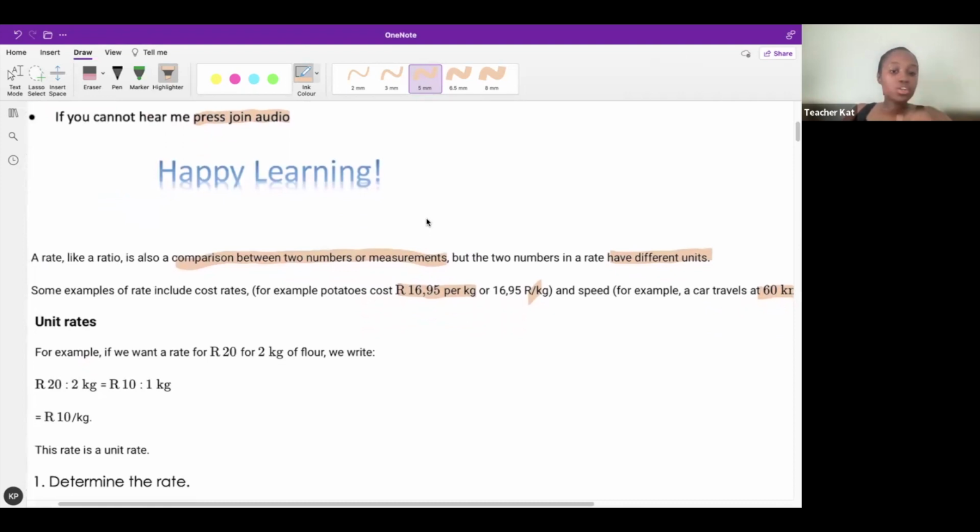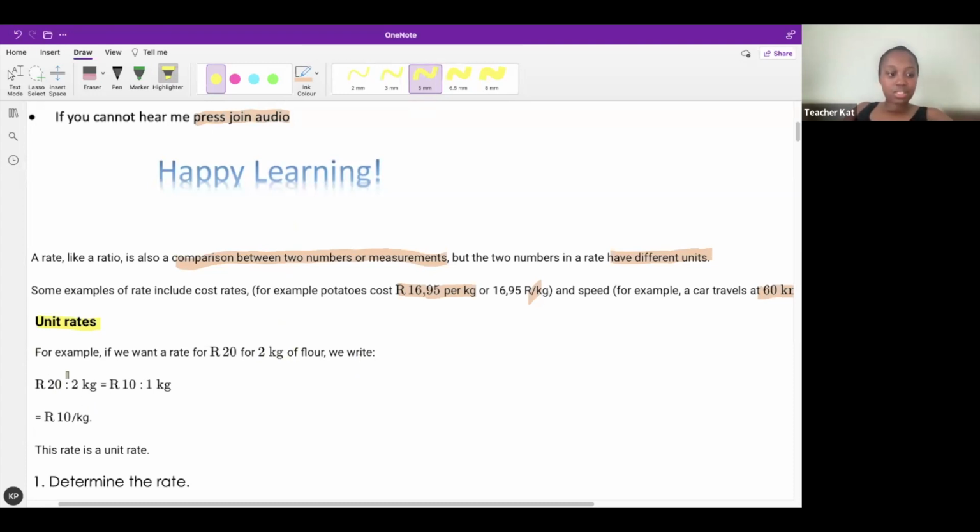Now, usually we want unit rates to make life easier. Unit rate means we want to know the price or the quantity per one. So let's look here. It says 20 Rand for 2 kilograms of flour.